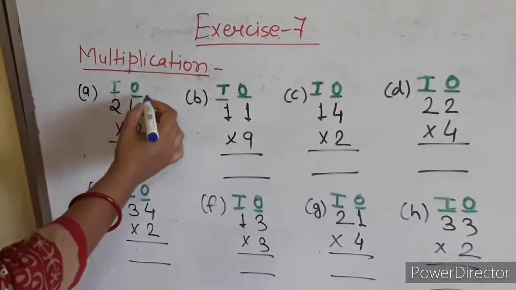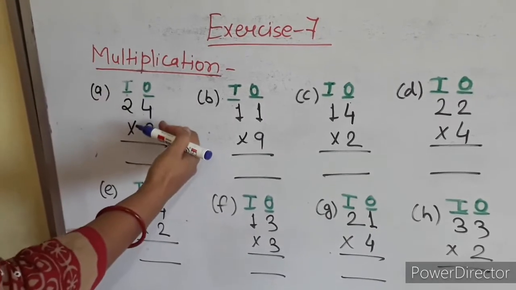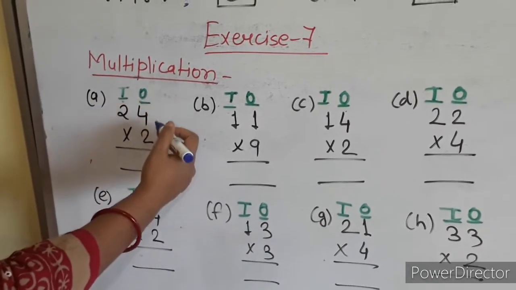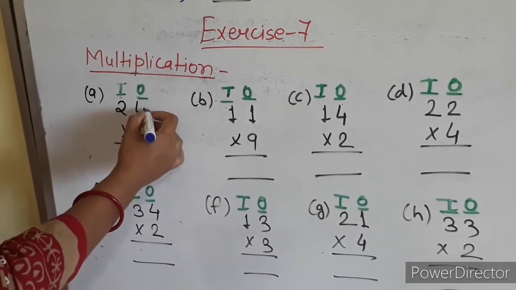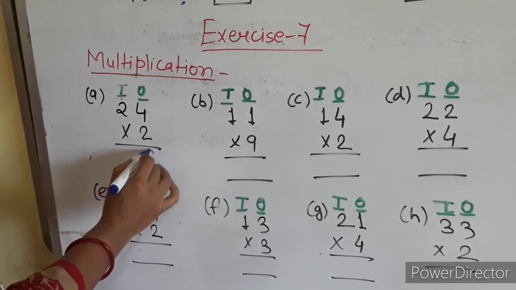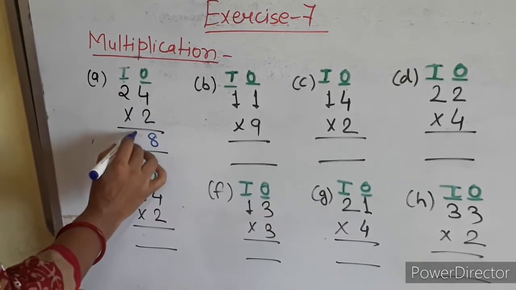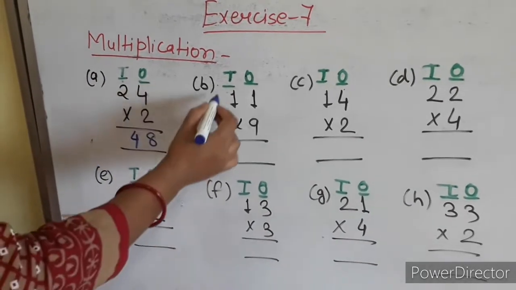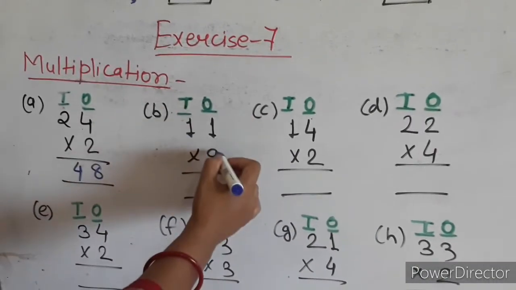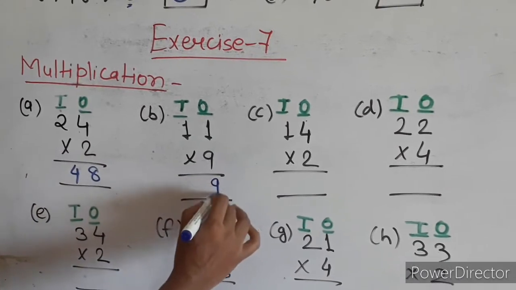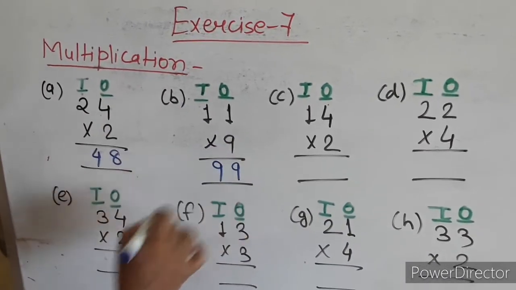That is tens and ones. If we have to multiply, we multiply the one side first, that is the right side. So if you multiply the ones place first, 4 into 2, the answer will be 8. Then we multiply with the tens, the 2 2s are 4. Then question B, first the right side, that is the ones place, 9 into 1, this is 9, and then with the tens place, 9 1s are 9.